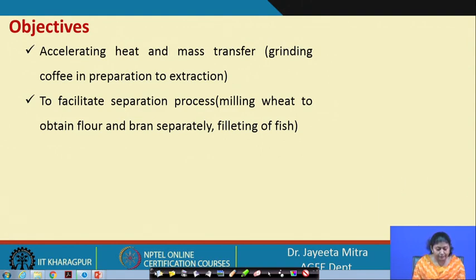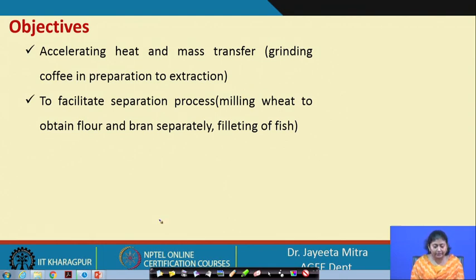Another is to facilitate separation processes. For example, milling wheat to obtain flour and bran separately, or filleting of fish.